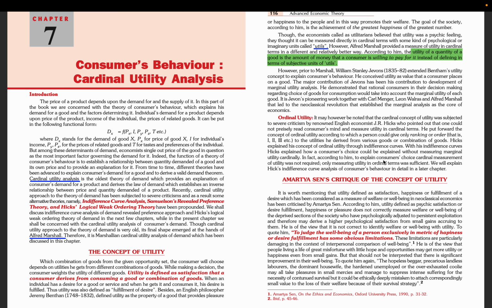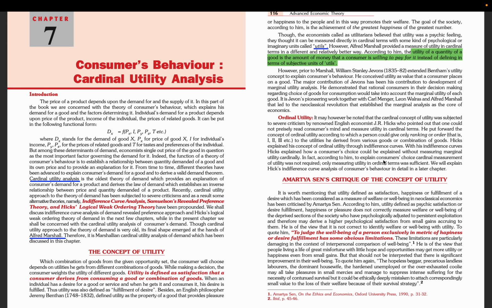So basically, first the cardinal approach or the cardinal utility analysis came in, and after that Hicks said that we can't really get into the brain of a consumer to understand what the cardinal measurement of utility from a particular good is.